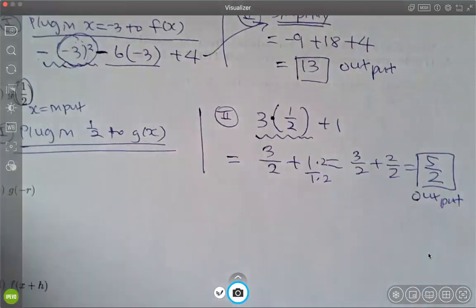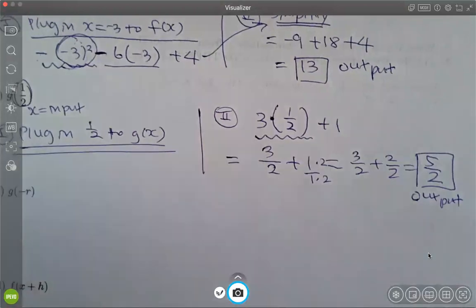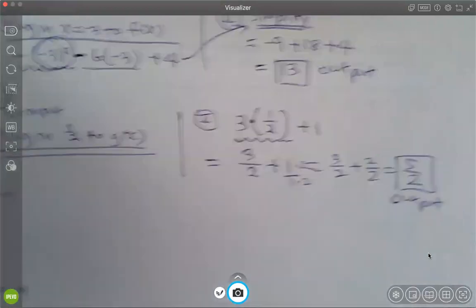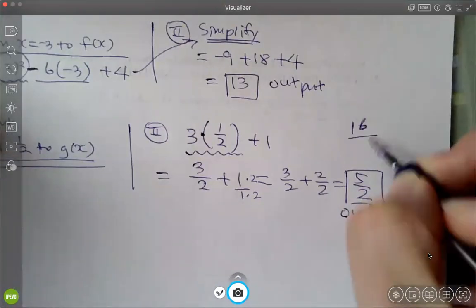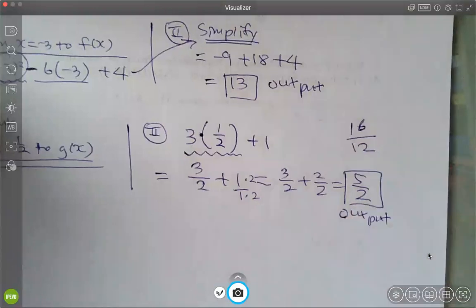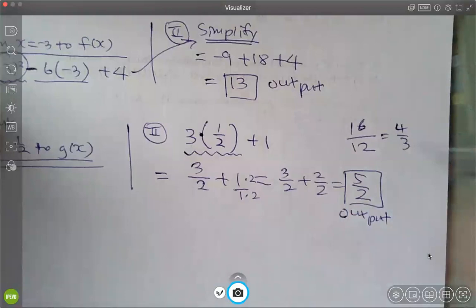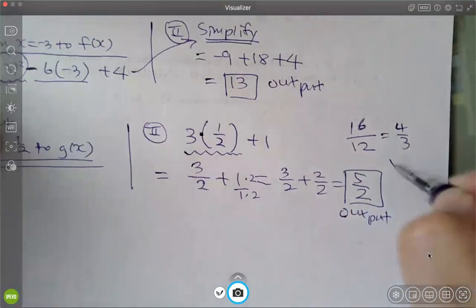Why did we not simplify that though? Can we simplify 5 over 2? No. 2.5. Now remember, expressing it in terms of a mixed number is not simplification. Simplifying means reducing, like when you have something like this, which can be simplified into 4/3, but not 1 1/3 like that.